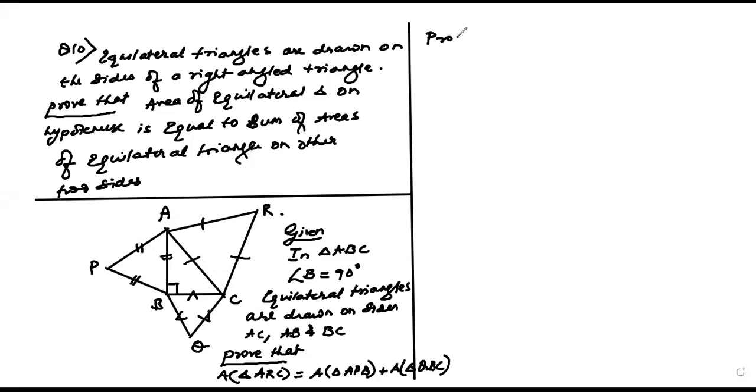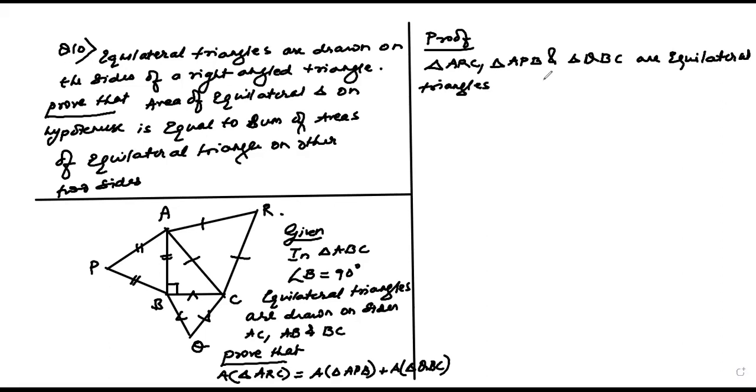Remember one thing, children: all equilateral triangles are similar. See, triangle ARC, triangle APB, and triangle BQC, that is QBC, are equilateral triangles as given, because in all equilateral triangles, all angles are 60.